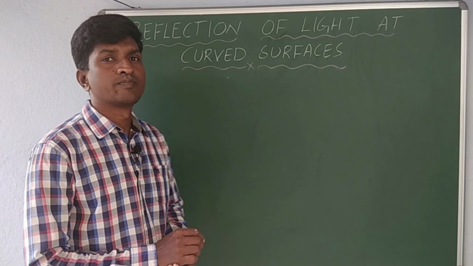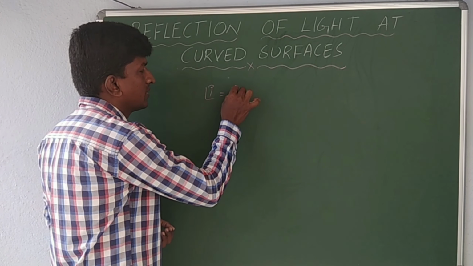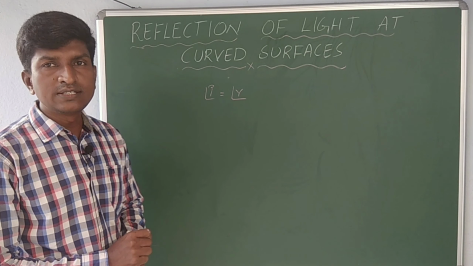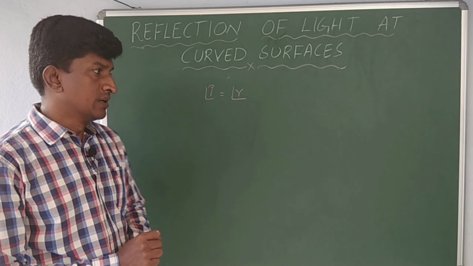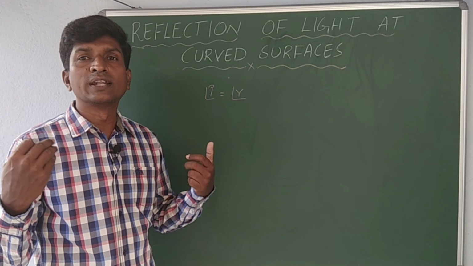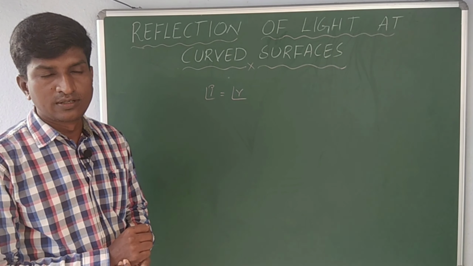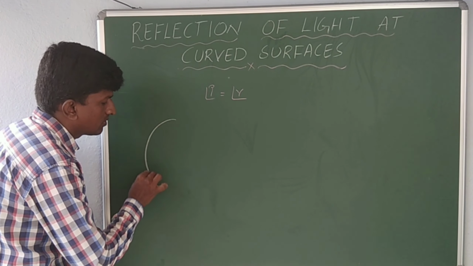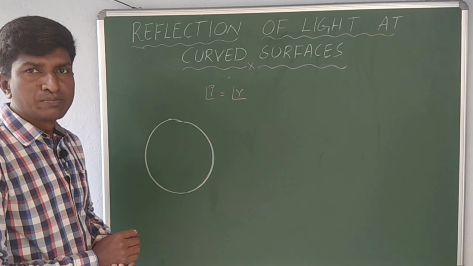Now, how is this rule, angle of incidence equal to angle of reflection, applicable in the case of these surfaces? Before going to that, we need to know how we can draw the normal line in the case of curved surfaces. Previously we studied that concave or convex surfaces are prepared from a sphere.